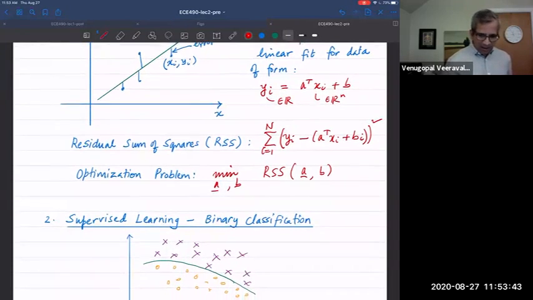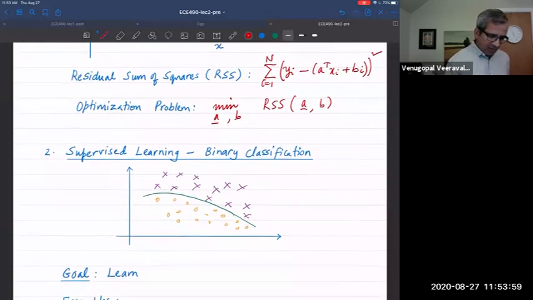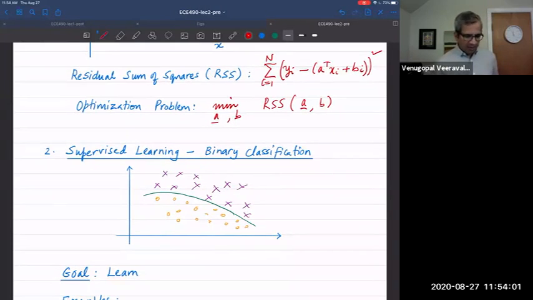Another application, also in the context of machine learning, because it's one of the most interesting modern applications of optimization, is in the context of learning. For example, we want to do binary classification. So you have a bunch of data points. In this case, the data points are marked orange here and blue here, or purple, I guess. And you want to find a boundary that separates these so-called training data points.